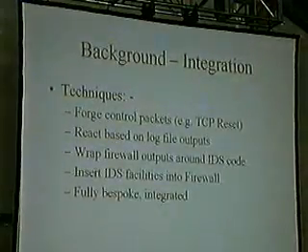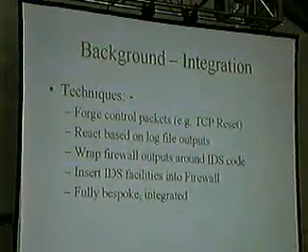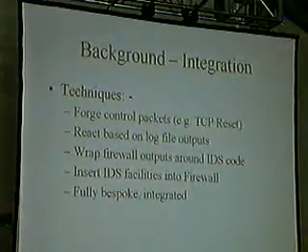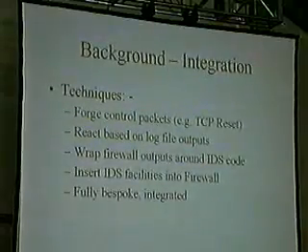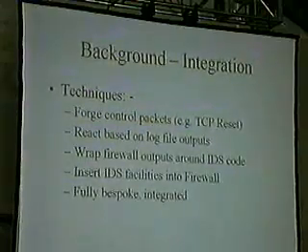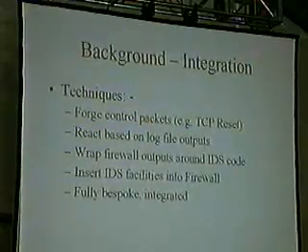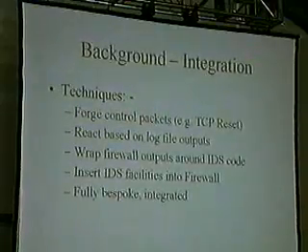Now, ways you could integrate. Forging control packets like TCP resets. Now, Snort does that. Quite a few IDSs are doing that. You could react based on the log outputs of the IDS, using swatch, syslog, whatever. You could wrap firewall outputs around IDS code. For example, Hogwash with Snort basically does that.